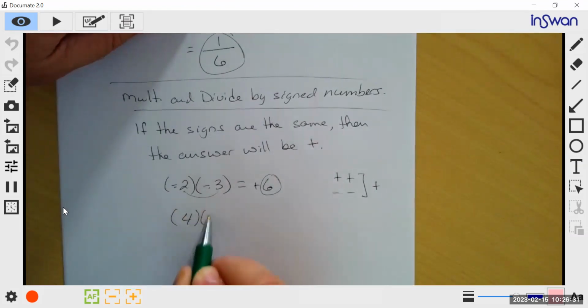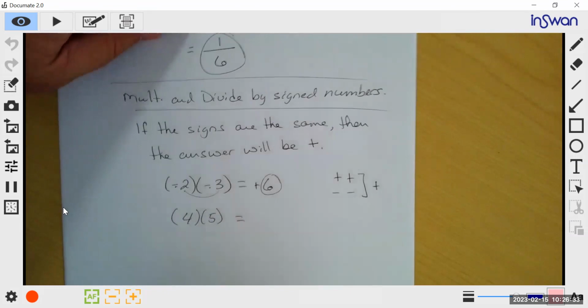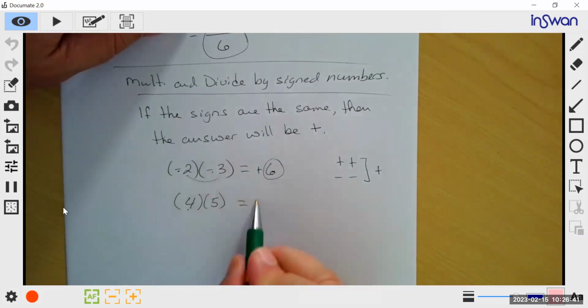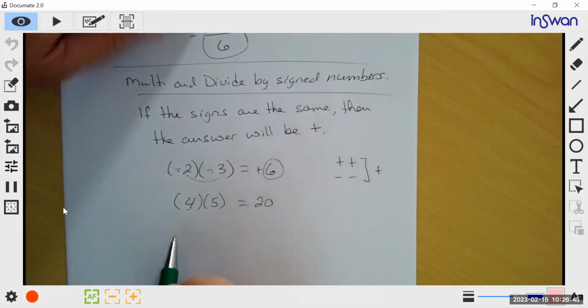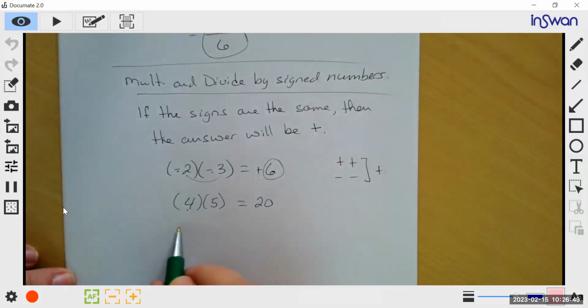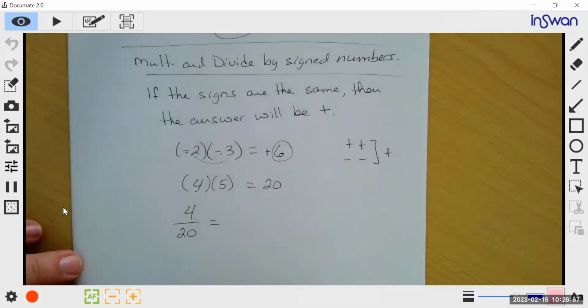4 times 5. Is the answer positive or negative? 4 times 5 is 20. Even division. 4 divided by 20.